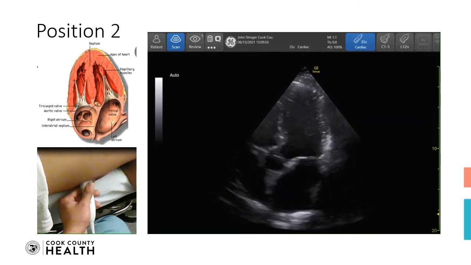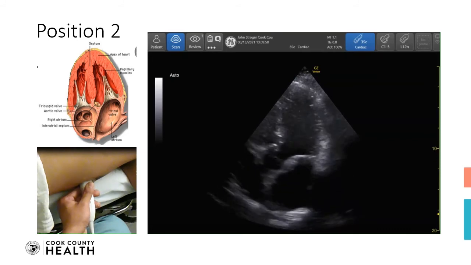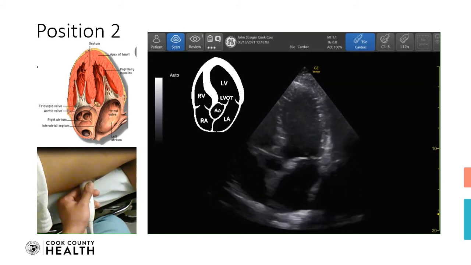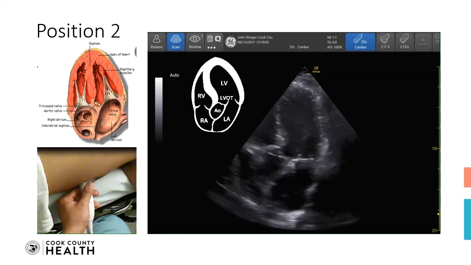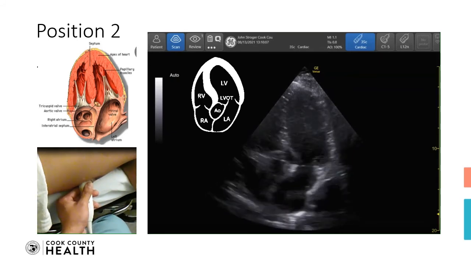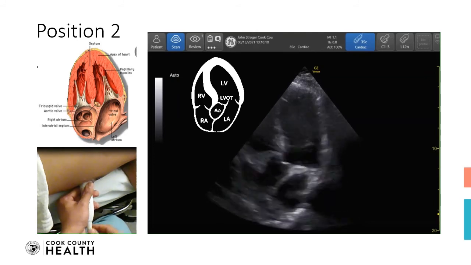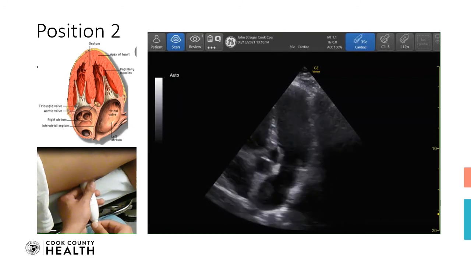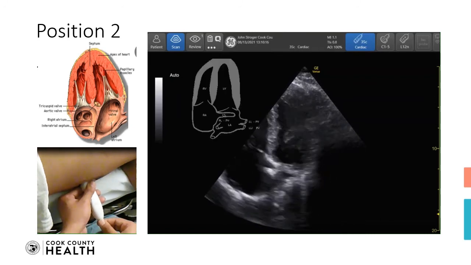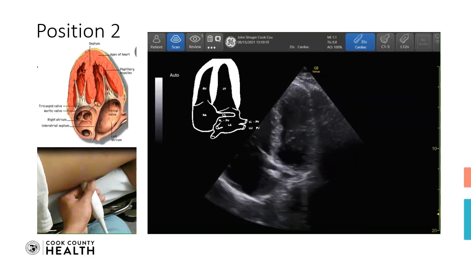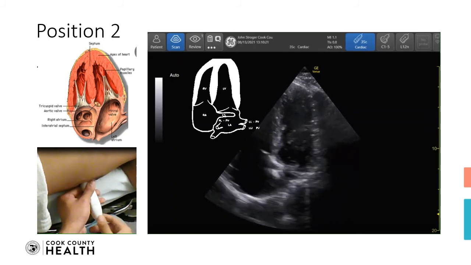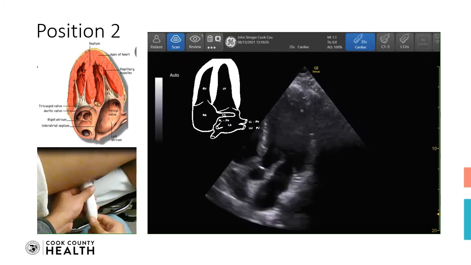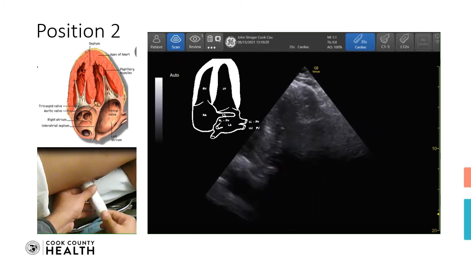Right now the aorta is coming into view, which can be used for measuring the velocity time integral and calculating cardiac output through the LVOT right here. And tilting the probe in the opposite direction with the tail pointing towards the patient's left shoulder is going to bring the coronary sinus, which is the black structure right here that you're seeing. The aorta and the coronary sinus.